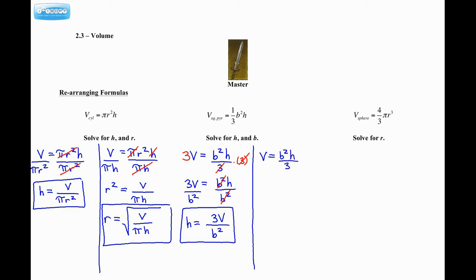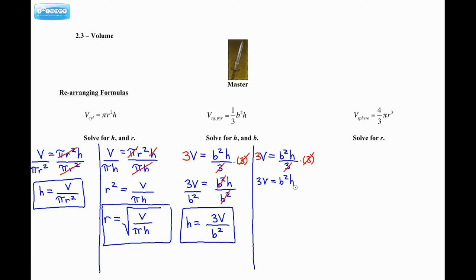So the first step is just a repeat of what I did before. I'm going to get rid of this division of 3 by multiplying both sides by 3. Again, make sure this 3 does not go on the bottom, because then you've actually divided by 3, and we don't want that. So those cancel. So this is 3v equals b squared h.